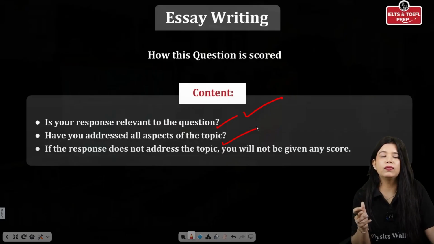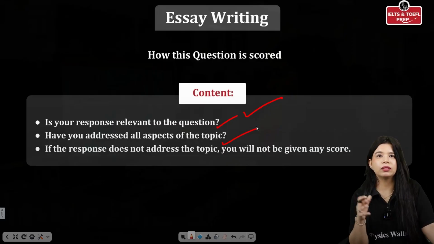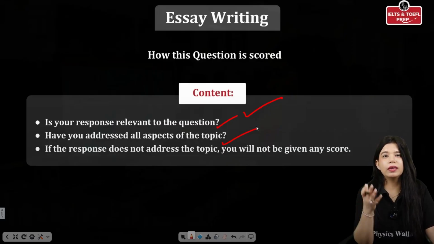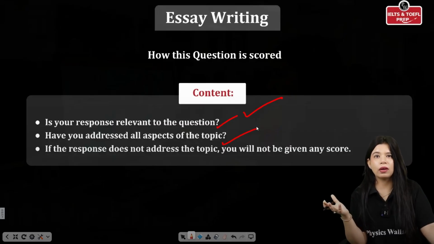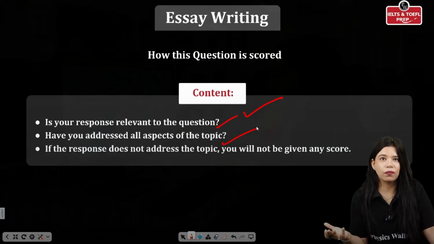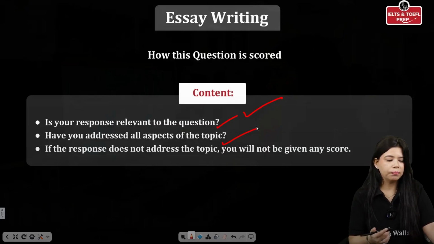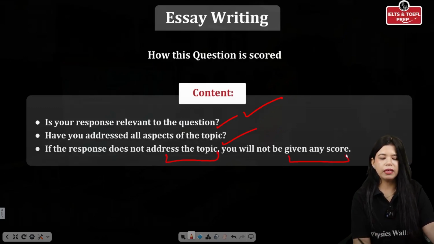So for example, if the question is comparing traditional classroom structure versus online education, and you are in favor of traditional classroom structure, you still need to compare it with the online mode. If you are ignoring online mode, that means you are not addressing all parts of the prompt. That's what it is about. If the response does not address the topic, you will not be given any score.